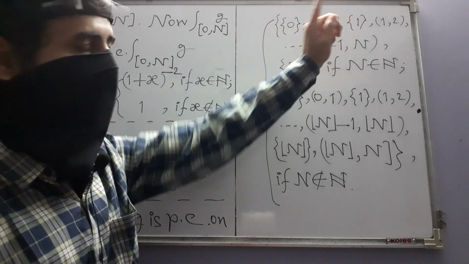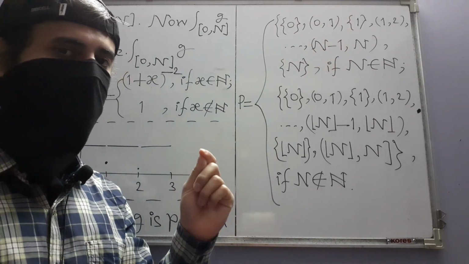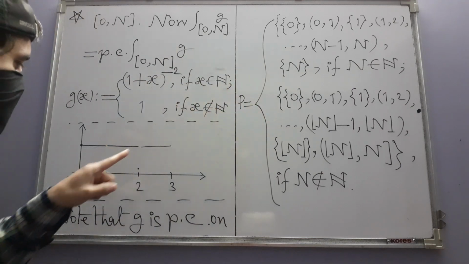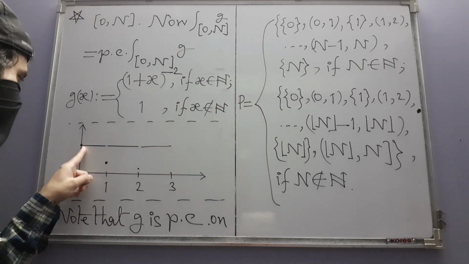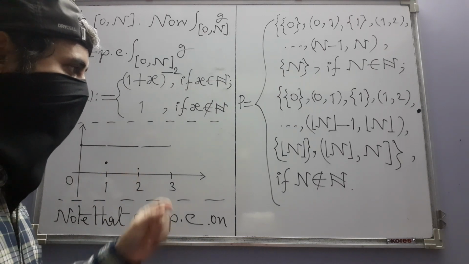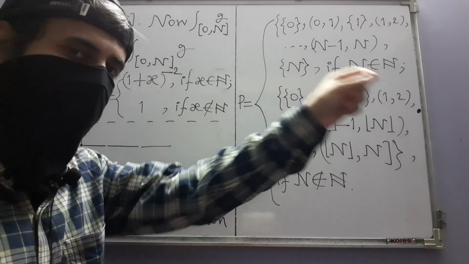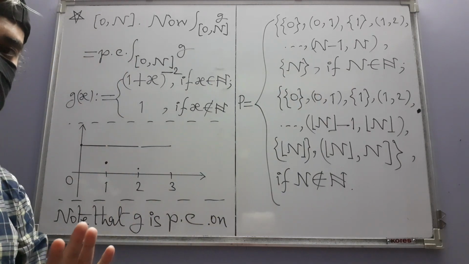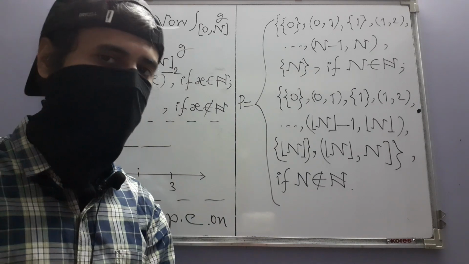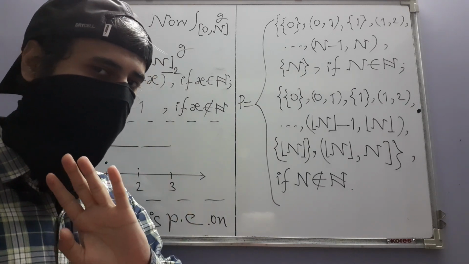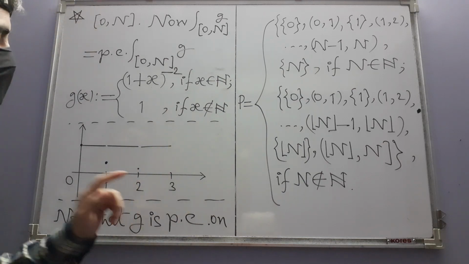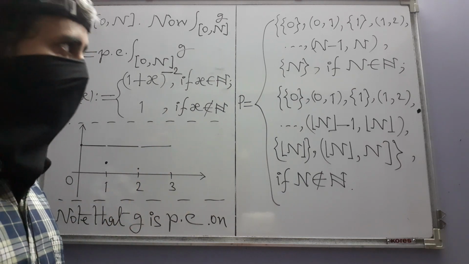At the degenerate intervals, of course, the contribution is going to be 0, because unlike the previous case, here at 0 the value is 1, at 1 the value is something else, at 2 the value is something else. There it was constantly 1, 1, 1. But that does not matter because the lengths of all these degenerate intervals are equal to 0. So they do not contribute anything non-zero to the PC integral. What happens to the non-degenerate intervals?